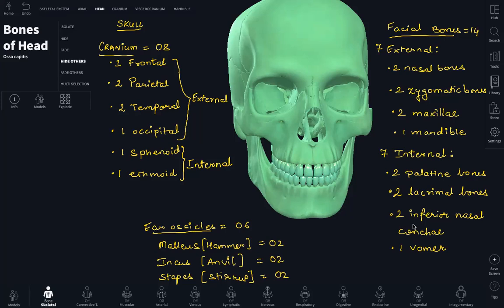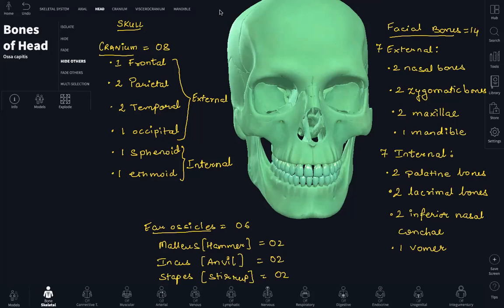No, it passes through the turbinates actually. That is the inferior turbinate. The inferior nasal concha is also called the inferior turbinate. Okay. Yes, sir.